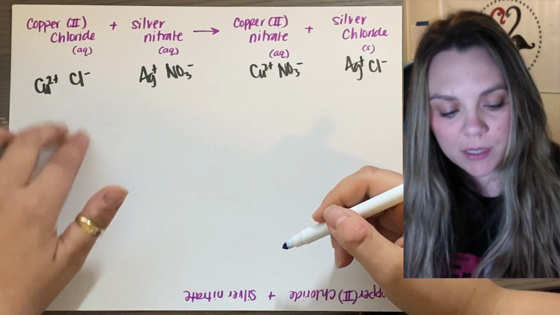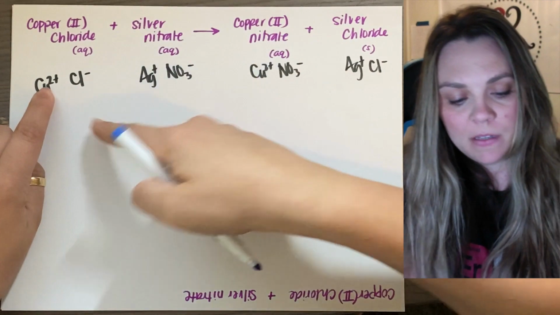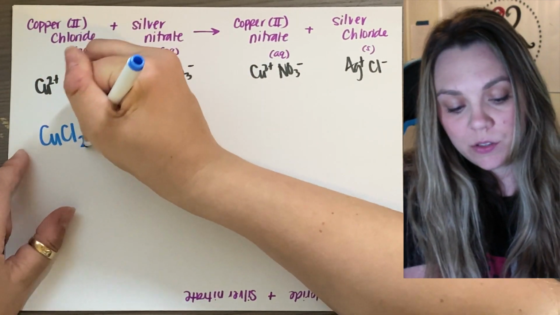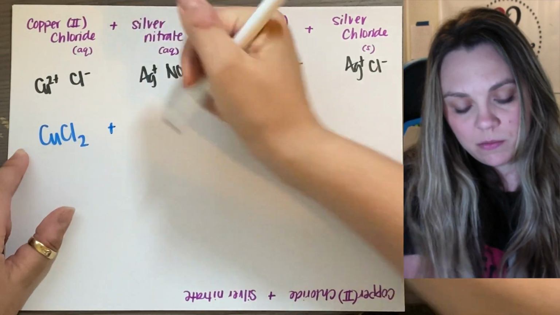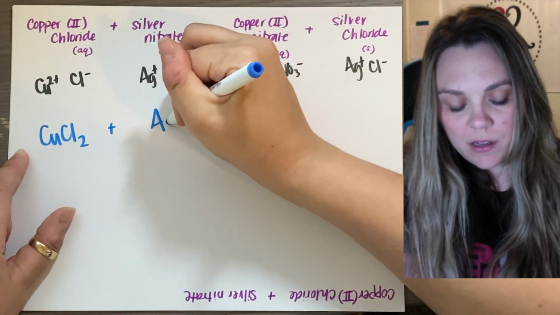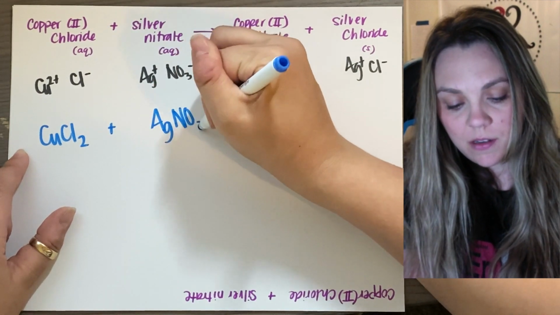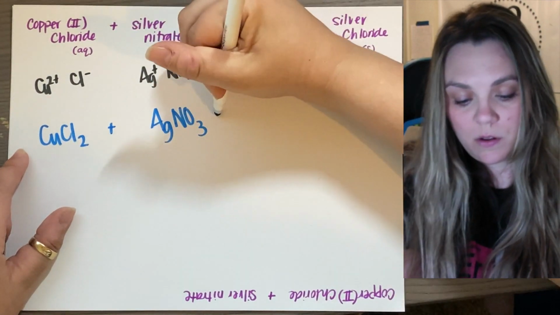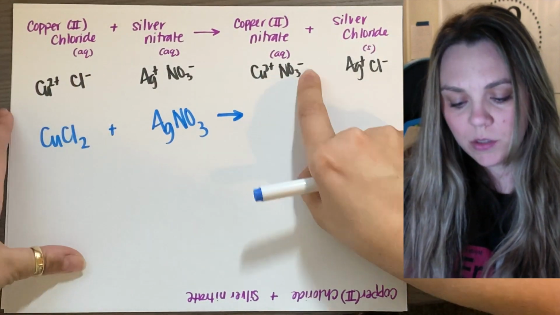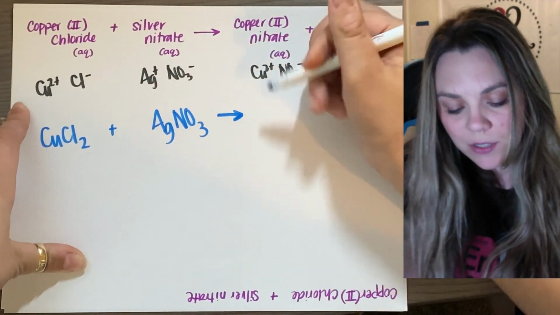Okay, so now I can make the chemical formulas from it. 2 plus 1 minus, so this will be CuCl2 plus 1 plus 1 minus, so that's nice and balanced already. AgNO3. React to make 2 plus 1 minus, so I need 2 nitrates.